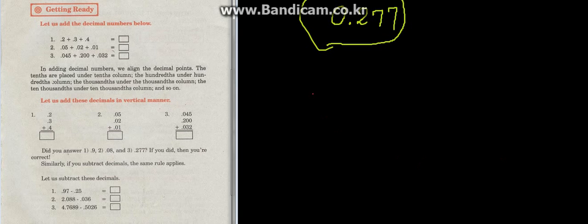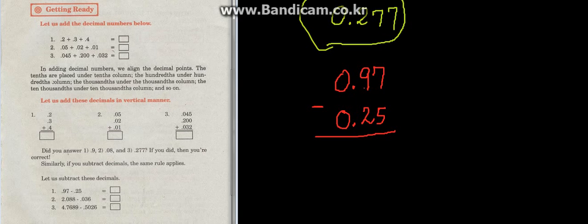So now let me subtract these decimals. We have 97 hundredths minus 25 hundredths. So, okay, make sure that the decimal points are right under each other. Basically, make sure that they are aligned like that.